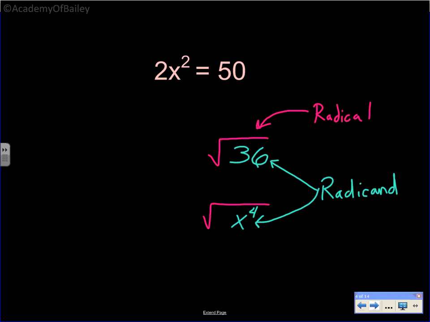So that's just some quick vocabulary terms there that you should know, because I will be using the term radical. Radicand, I can't remember using that a whole lot, but I do remember using radical. So keep that in mind. Radical is what you're probably typically used to referring to as the square root symbol.